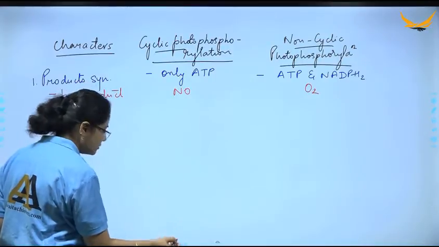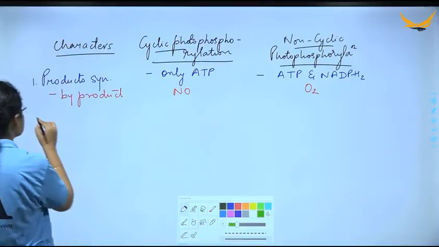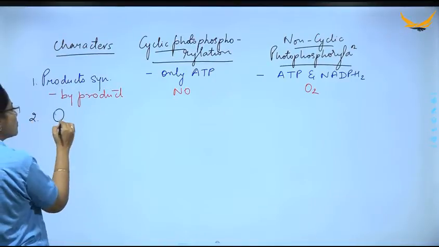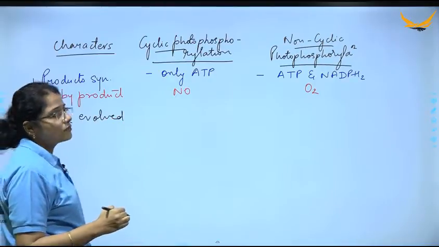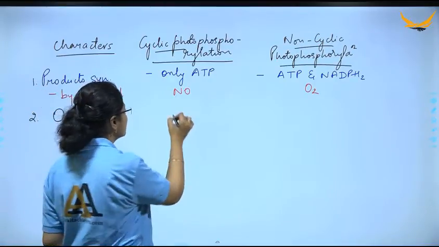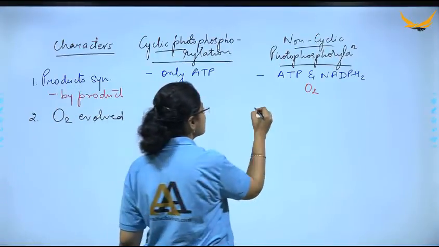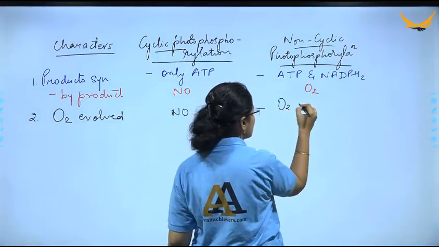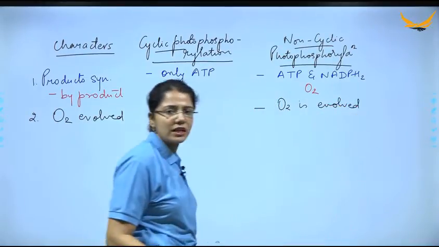Then the second point of comparison we can take is whether oxygen is evolved or not. So O2 evolved. We know that in case of cyclic, O2 is not evolved, whereas here non-cyclic oxygen is evolved. Clear?